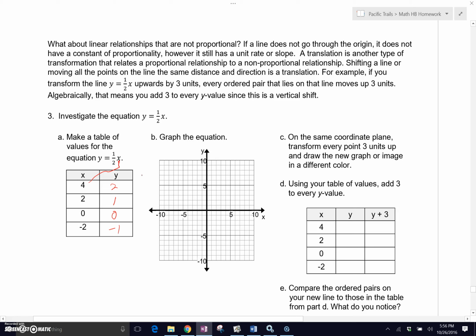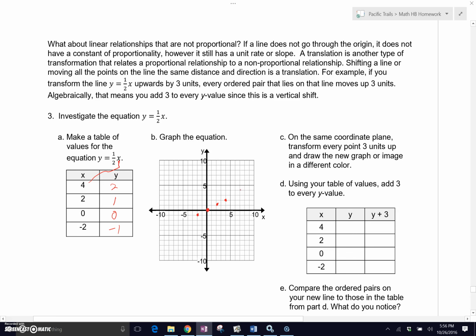Now that I have these values, I can go ahead and graph them. So if I have 4, 2, that means over 4, up 2. I also have 2, up 1, 0, 0, and -2, down 1.